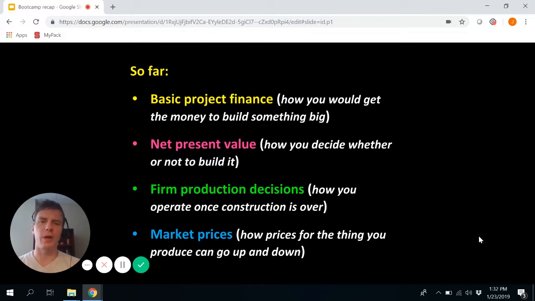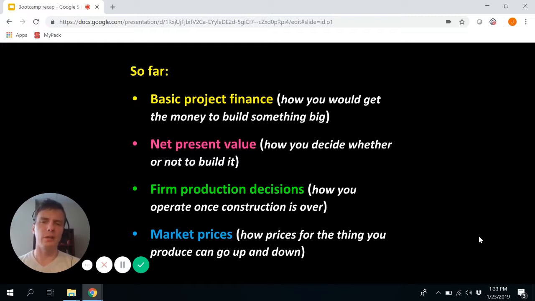We talked about the difference between financing through debt versus equity and the trade-off between those, as well as how the financial health of a firm can impact the rate at which it pays interest on debt, and how ultimately financing and the cost of capital, in other words, the interest that a utility would have to pay back on its debt, can actually influence the price of electricity that it sells to consumers.